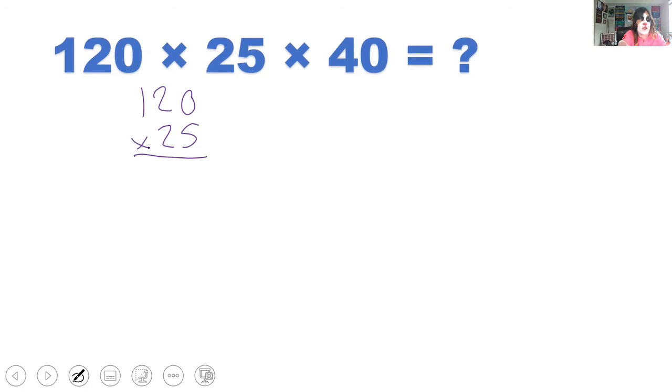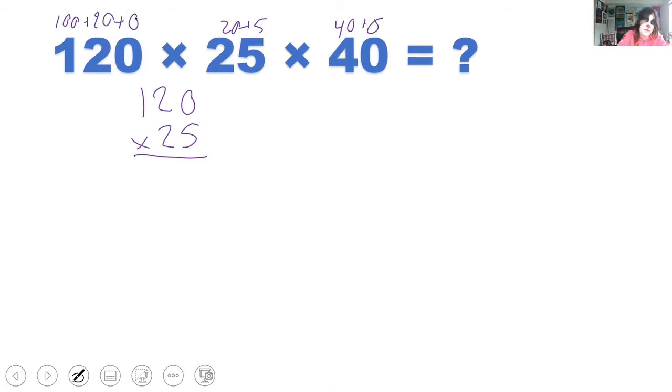Now, looking at this, the 5 is in fact a 5, but the 2 is actually a 20, because remember, in an area model, that is really 20 plus 5. And 120 is 100 plus 20 plus 0.